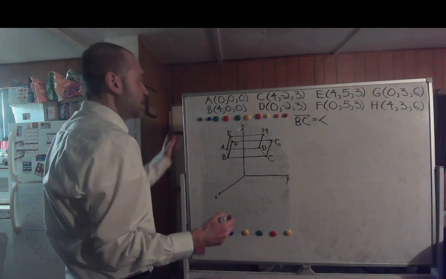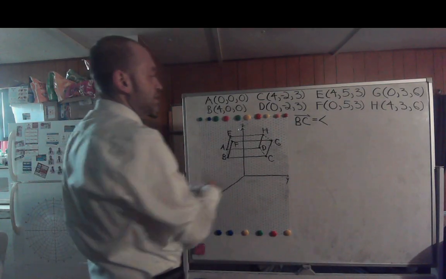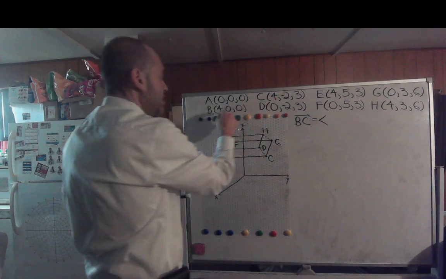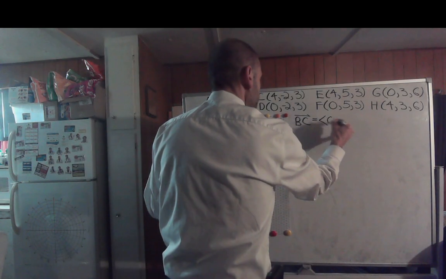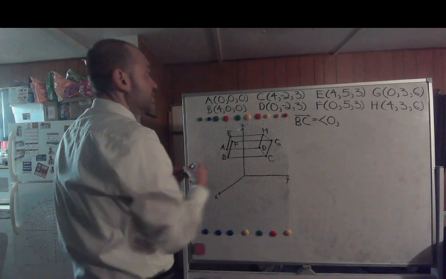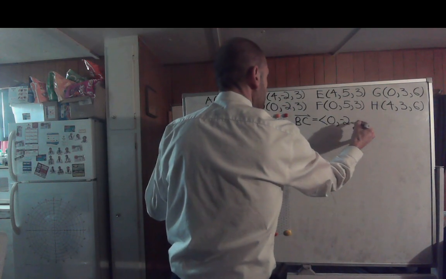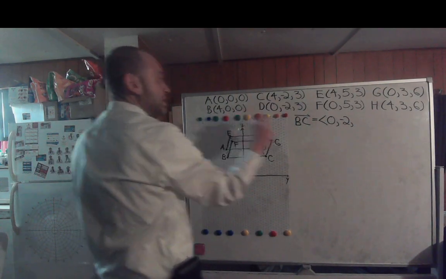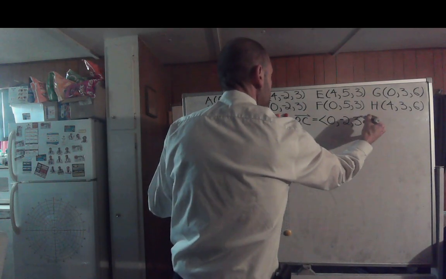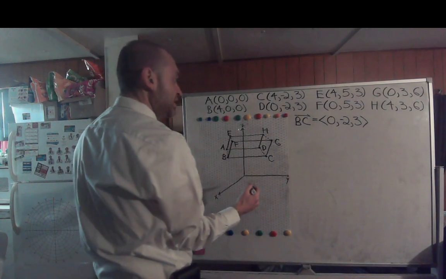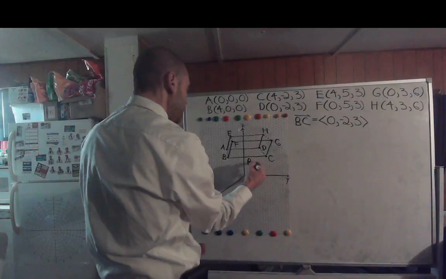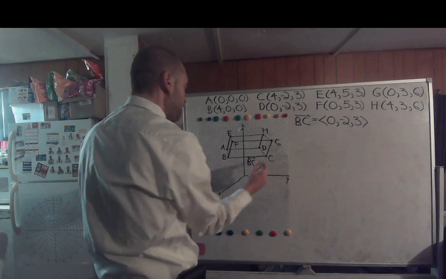If I take the 4 minus 4 is 0, and then if I take negative 2 minus 0, that's negative 2. Then if I take 3 minus 0, that's 3. So we'll call this vector BC.